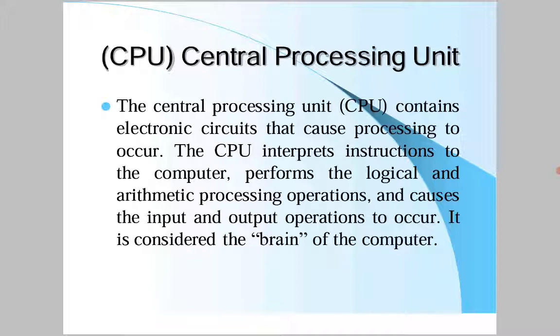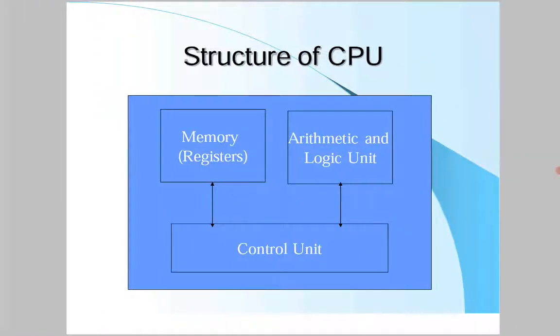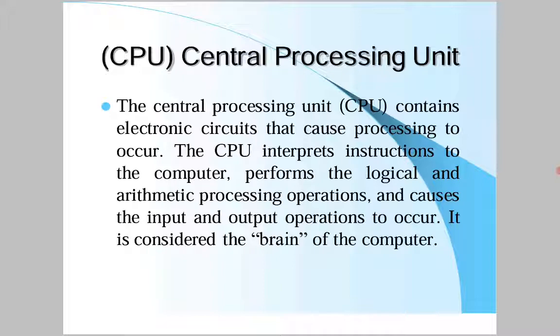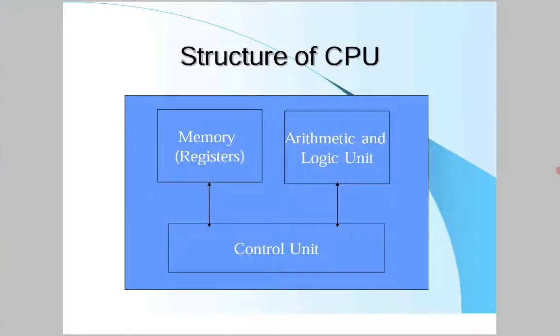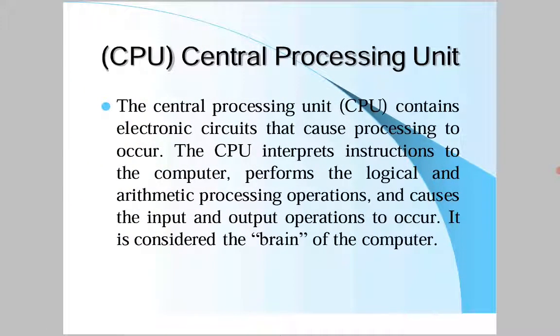Now the CPU, or central processing unit. What is the structure of its block diagram, or how does a computer generally work? The central processing unit contains electronic circuits that cause processing to occur. The CPU interprets instructions to the computer, performs the logical and arithmetic processing operations, and causes the input and output operations to occur.